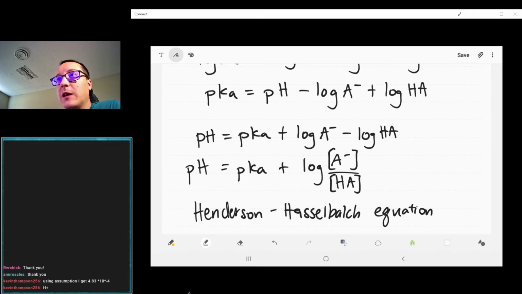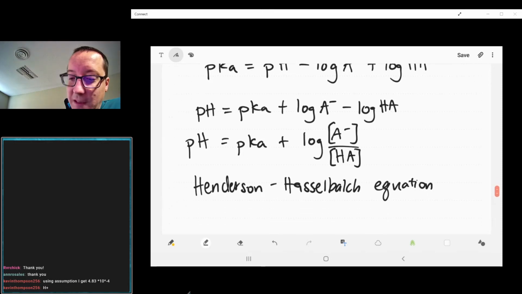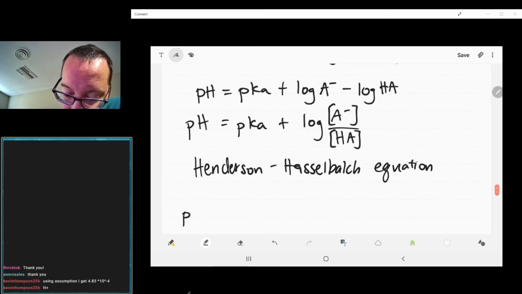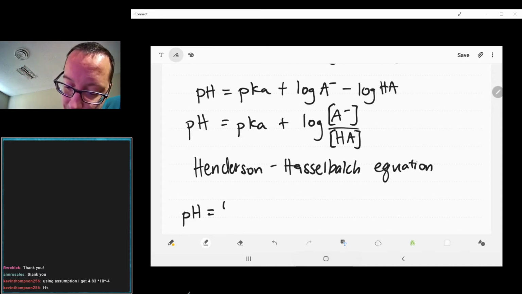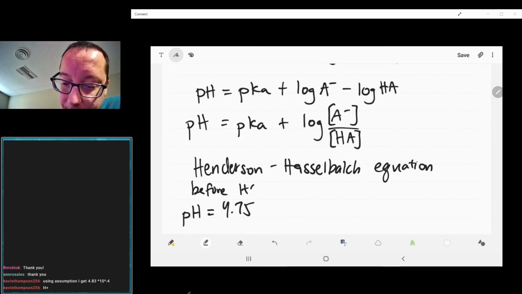So let's take the information from the last problem we did, and see what the pH is going to be after we added that HCl and before we added the HCl. The pKa for acetic acid is 4.75.